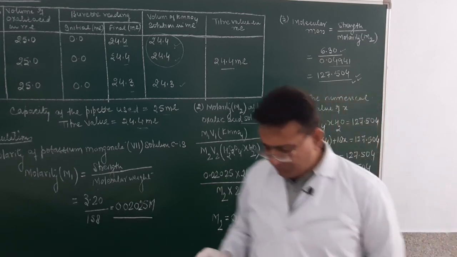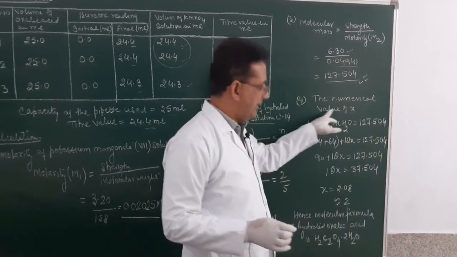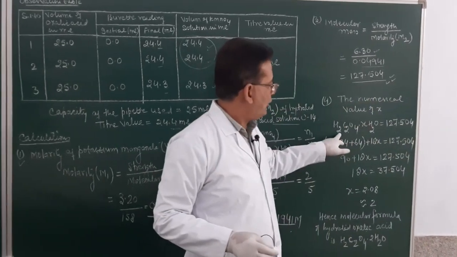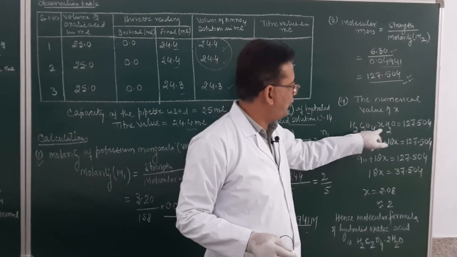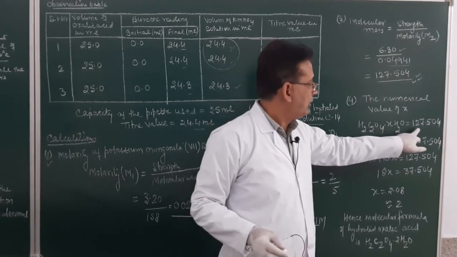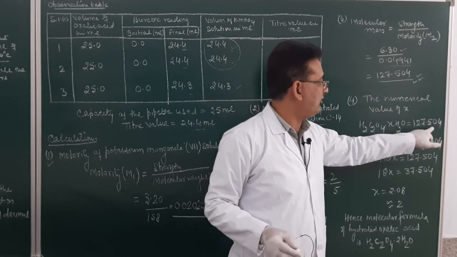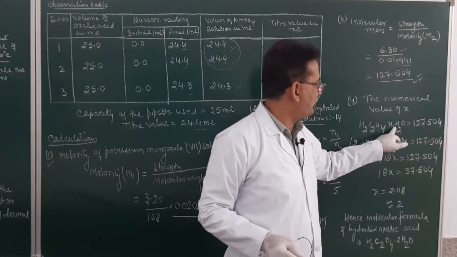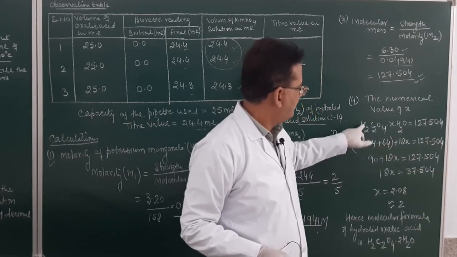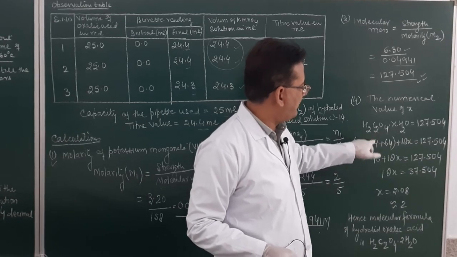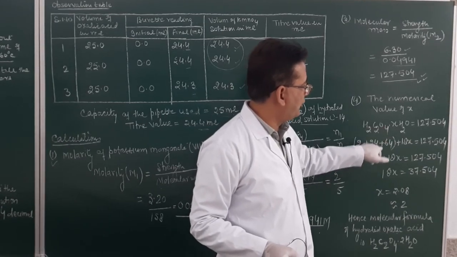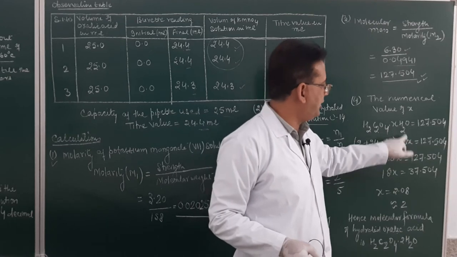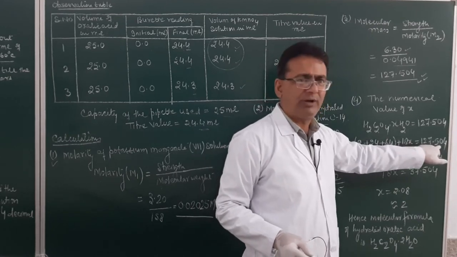Now in the next part, what we have to do? We have to find out the numerical value of X. Oxalic acid formula is H2C2O4.XH2O as given in the question. The molecular mass comes to be equal to 127.504. We have to find out the value of X. Putting all the masses, mass of hydrogen will be 2, carbon 2 into 12, 24, oxygen 4 into 16, 64. Water 18 into X will be equal to 127.504.